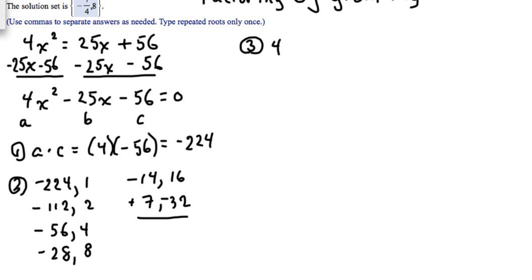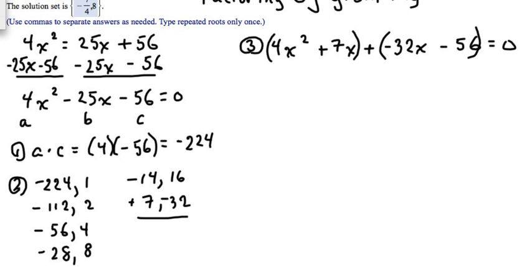So 4x squared, we're going to replace the negative 25x with a 7, and we're going to put an x after that, and then we're going to write plus negative 32x, and finally this minus 56 equals 0.